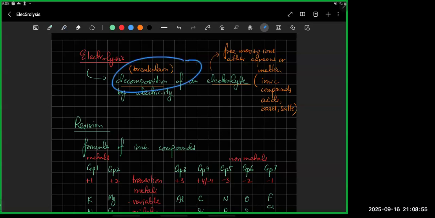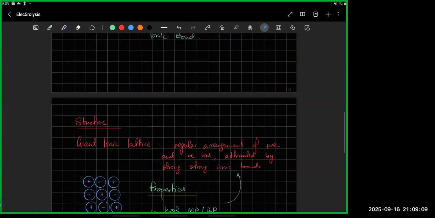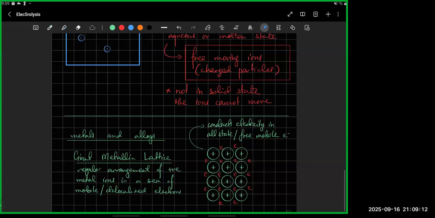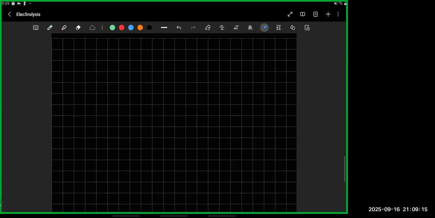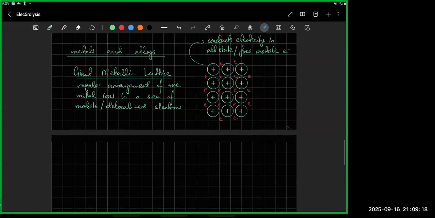This breakdown or decomposition only happens for electrolytes, which are basically ionic compounds, because they have free-moving ions. So a metal does not decompose. A metal is a very good conductor of electricity, but the term electrolysis doesn't really apply to metals. Keep this in mind: metals don't get electrolyzed.